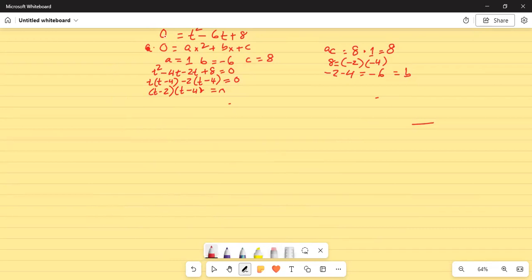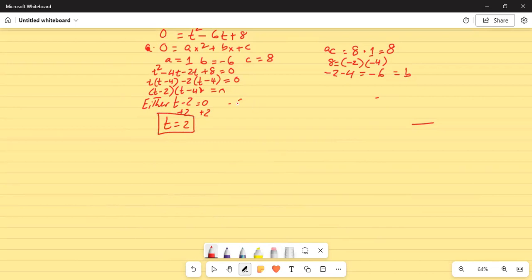So that means either t minus 2 is equal to 0, add 2 on both sides, t is equal to 2, one possibility.